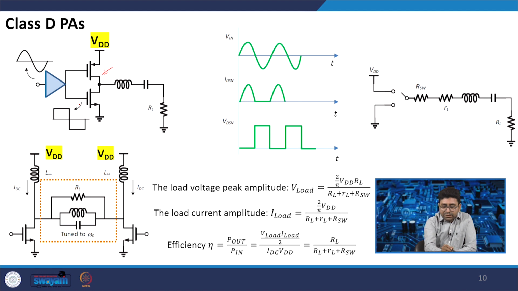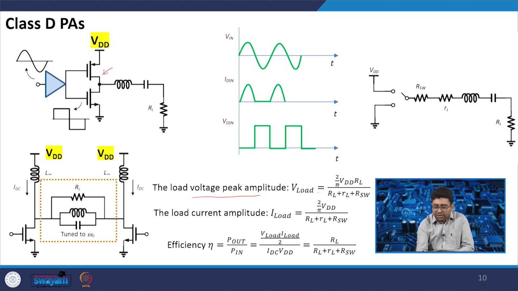Now, if we redraw this as a switch, where it is on and first charging and then discharging, we can write the peak load voltage V load equal to 2 by pi, because we are considering the switching and we have seen that for a square wave the fundamental is 2 by pi.